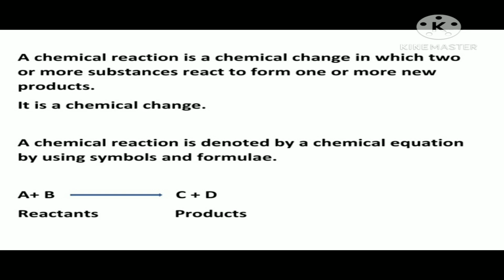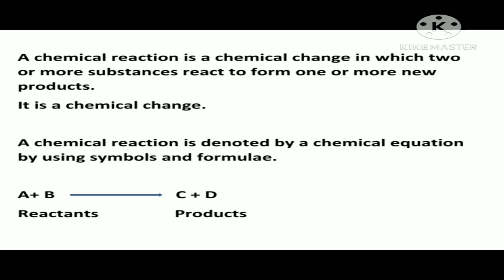A chemical reaction is a chemical change in which two or more substances react to form one or more new products. A chemical reaction is denoted by writing a chemical equation using symbols and formulas.